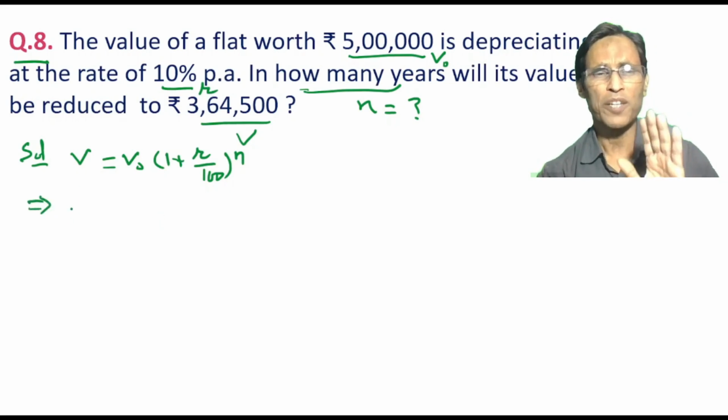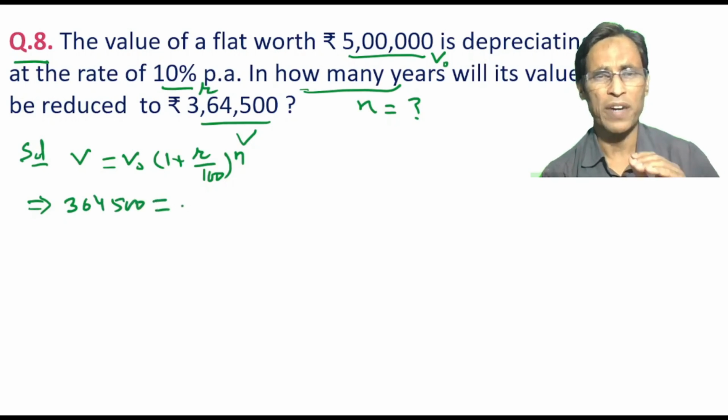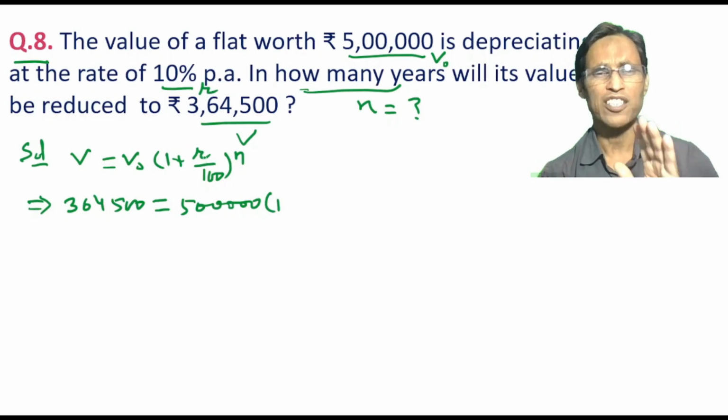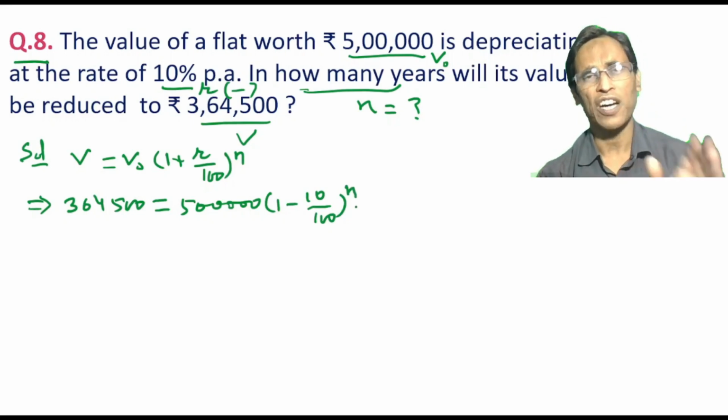Therefore, V will be replaced by 3,64,500 and V0 will be replaced by 5 lakh, or under bracket 1 plus R. R is the rate of depreciation, so R should be negative and therefore R will be taken with the sign of minus 10 by 100, and then n will be as it is, because it is unknown.